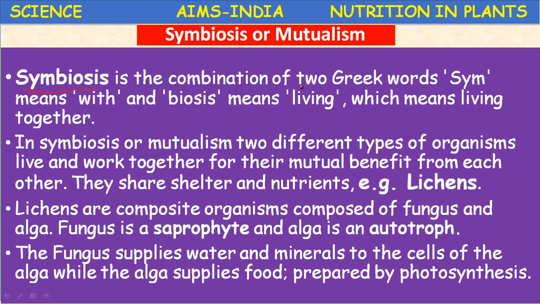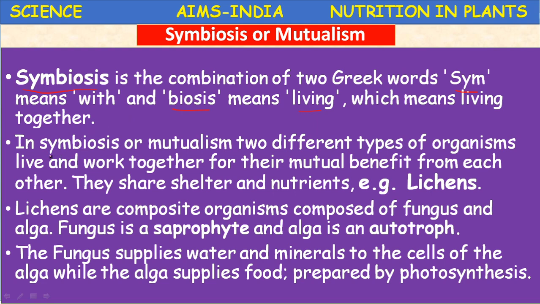It is a combination of two Greek words: sym, meaning with, and biosis, meaning living, which means living together. Symbiotic association. The meaning of symbiosis is living together, sharing with each other.